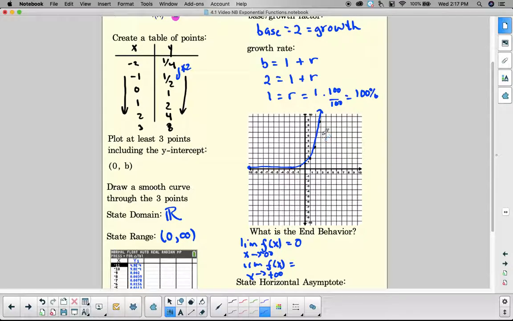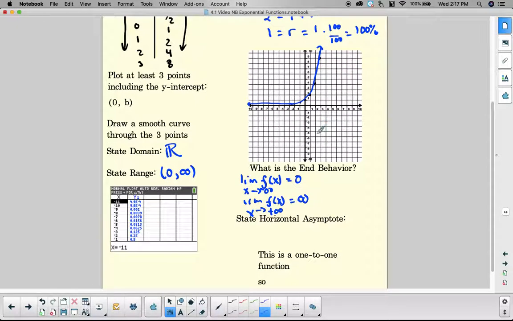So what's happening to f of x as x increases? Well, f of x increases without bound. So that end behavior is asymptotic on one side and it's growing crazily in the other direction. So we have this horizontal asymptote that is the x-axis, and the equation for the x-axis is y is equal to 0.